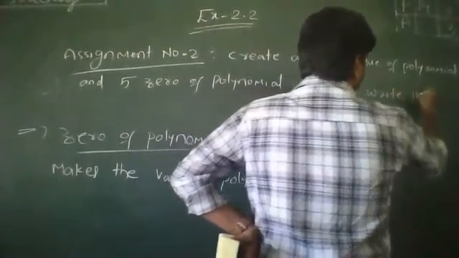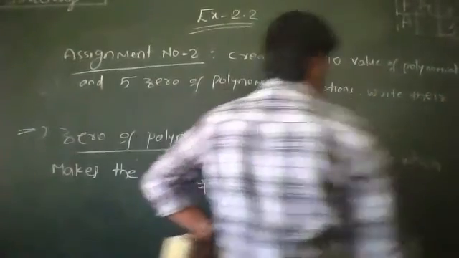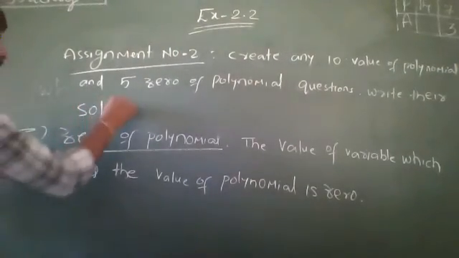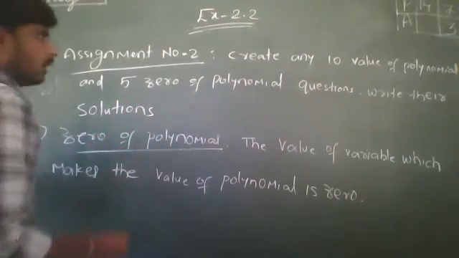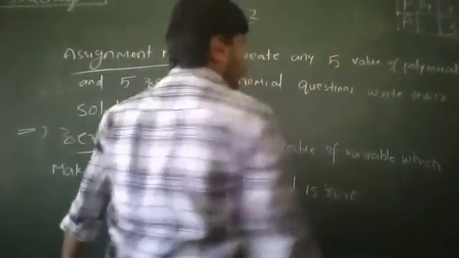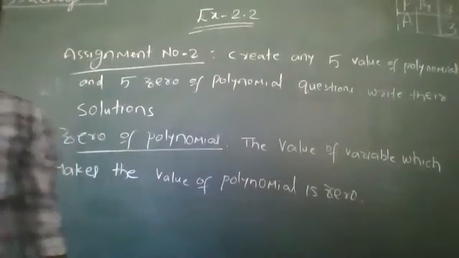Right? Then solutions. Solutions are just only 5 now. Okay, only up to 10. Take only 5. Okay. Very clearly you have to write.